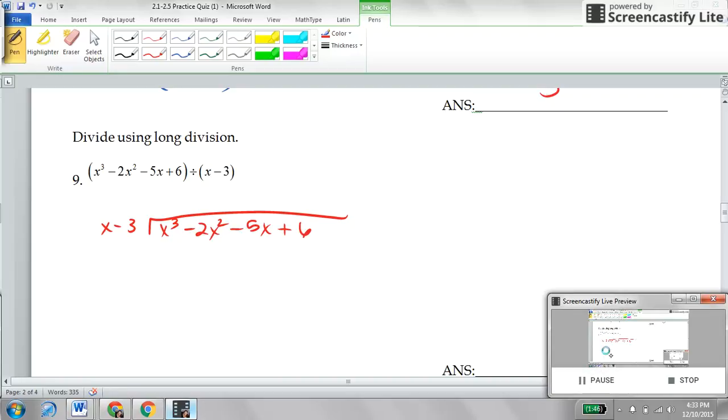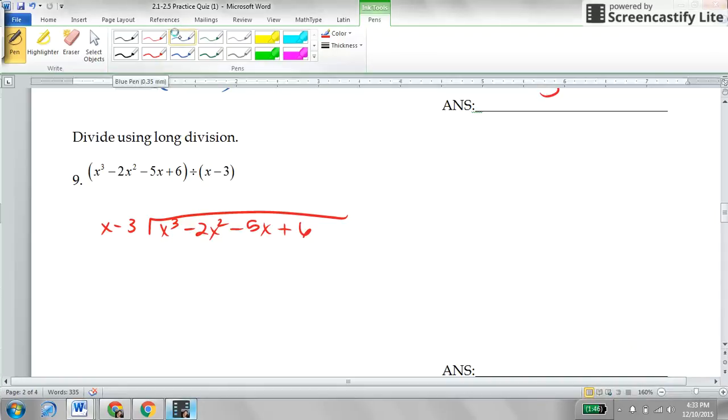But I also have to remember to look to make sure that these are going down 3, 2, 1, no x's. Otherwise, I might have to put in a 0x or a 0x squared. That is not true in this case, though. So what do you have to multiply by x to get x cubed? Well, that'll be x squared.